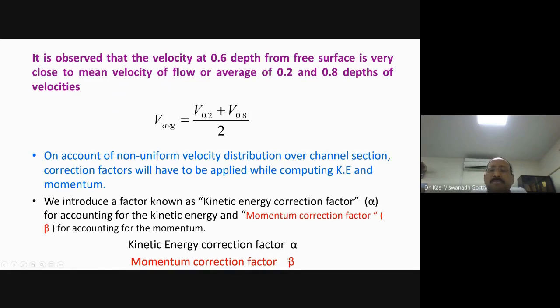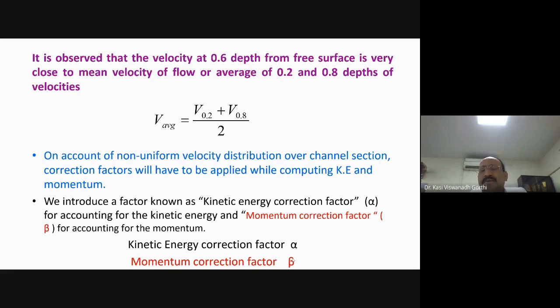Similarly, if you compute the momentum based on the average velocity, that should be corrected by multiplying with the momentum correction factor beta, so that you get the corrected momentum. Alpha and beta are multiplicative factors. Whatever kinetic energy you get based on your average velocity, multiply by alpha, and you will get the corrected kinetic energy.